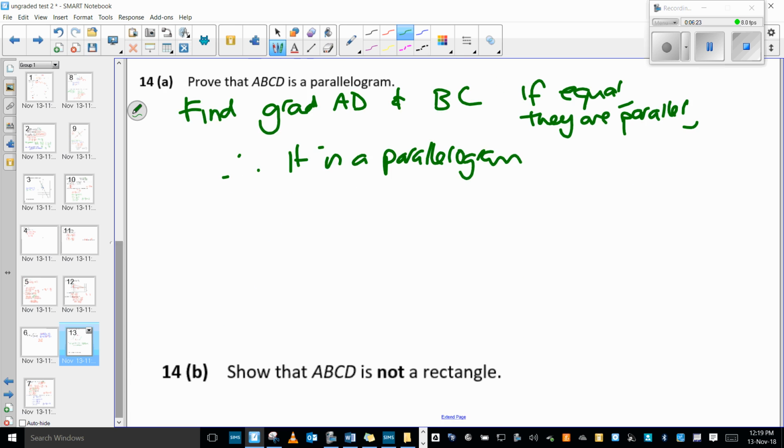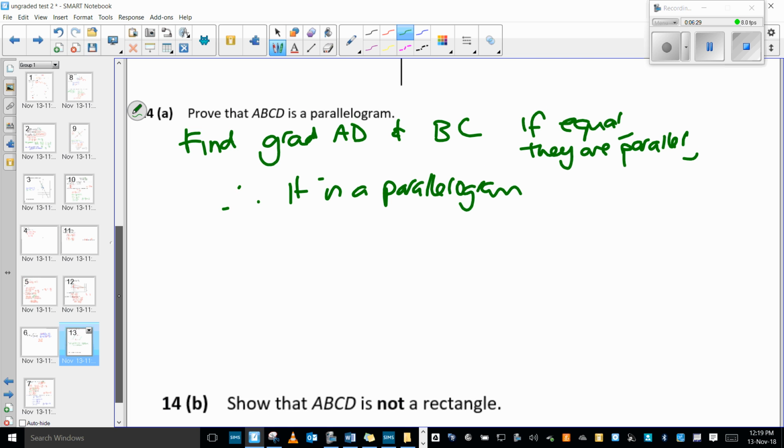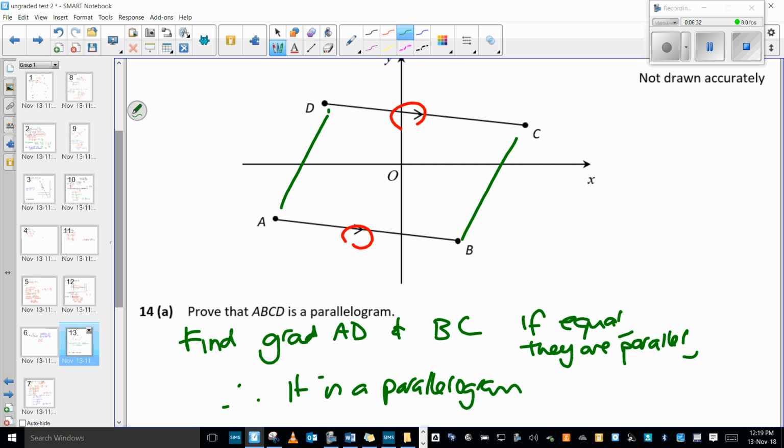The last question says, show that ABCD is not a rectangle. Now, for it to be a rectangle, what other information would I know? What else would I know? Awesome. So if it was a rectangle, this line here and this line here would meet at 90 degrees, yes?